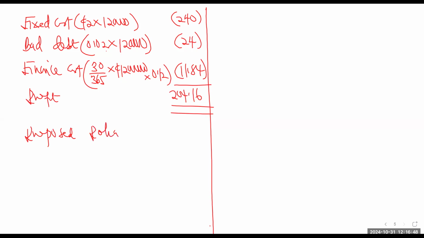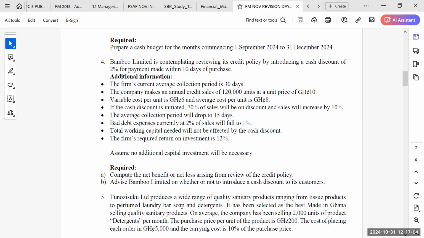Proposed policy, what will be the new contribution now? The contribution will be increasing by what? 10%. The contribution will be increasing by 10%. Is that correct? The existing contribution will be increasing by 10%.